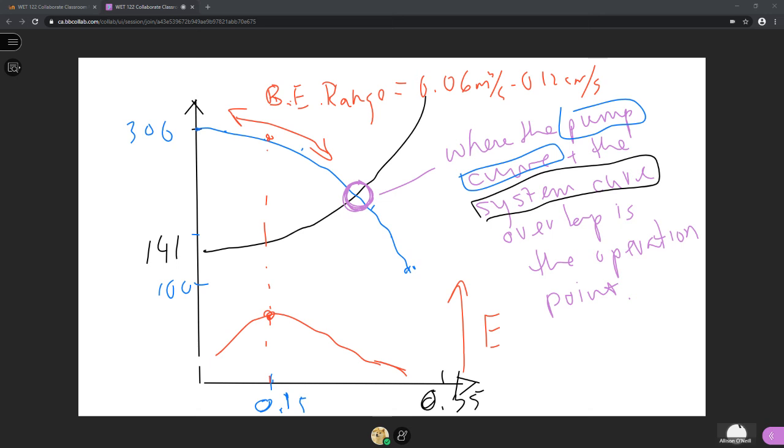Well, no, actually, Sawyer, the BEP is at 0.15 cubic meters per second. That's when our efficiency is the highest. So it's 73% at that point. Okay, so this should be 9 and 1, 8.